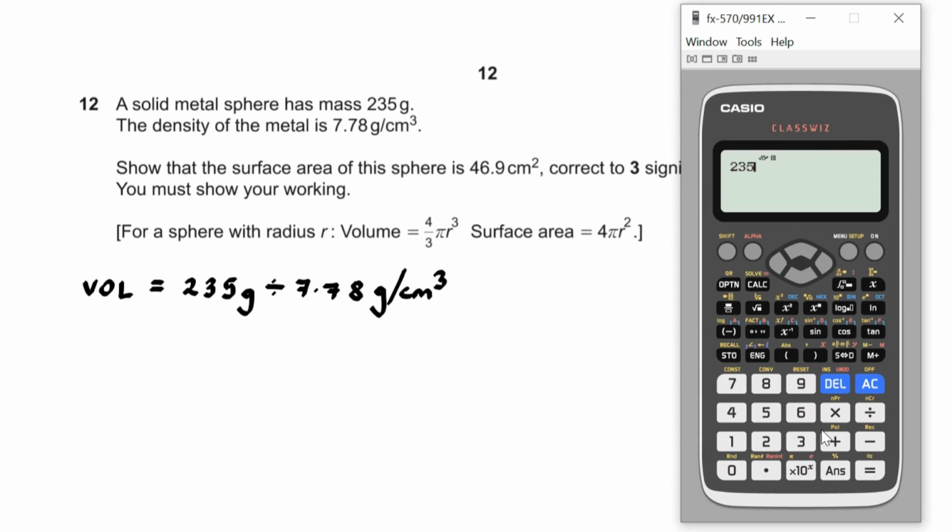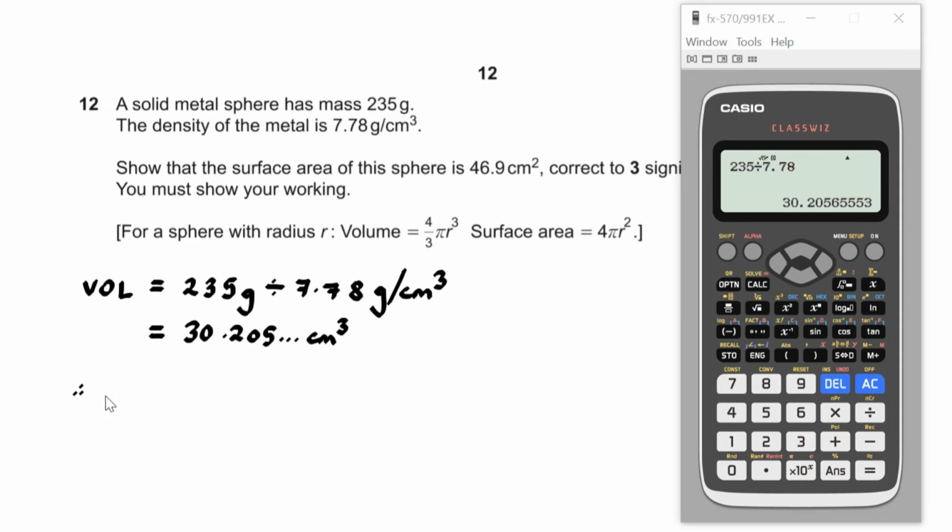So we have 235 divided by 7.78, and it turns out the volume of the sphere is equal to 30.205 etc. centimeters cubed. Now, what we can do is use this information to find out what the radius is.